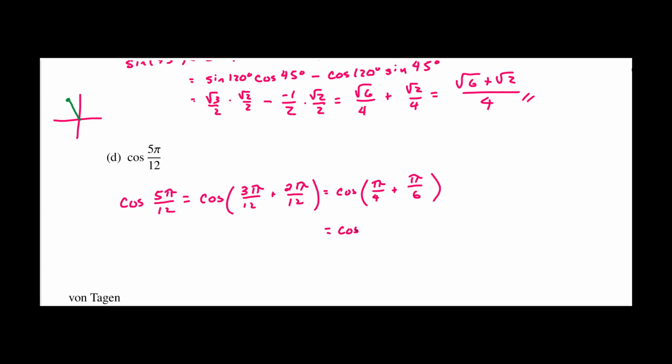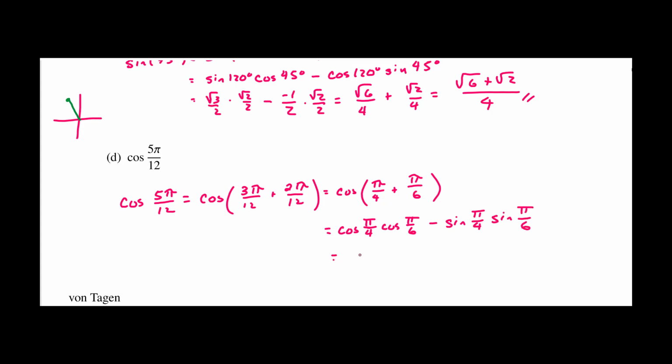So this gives me the cosine of pi over 4 times the cosine of pi over 6. And then with the cosine, because we're adding these two angles, this value will be a minus sign times the sine of pi over 4 times the sine of pi over 6.